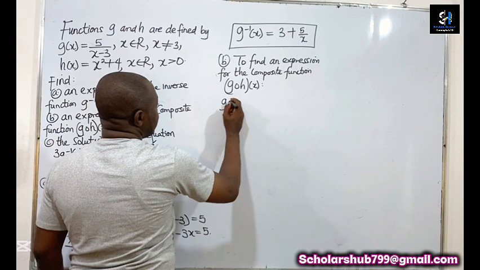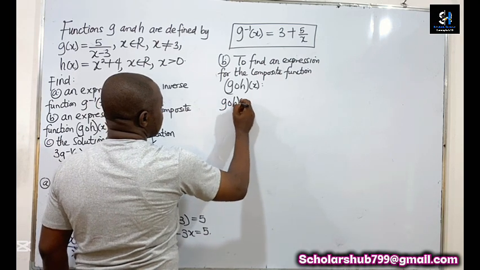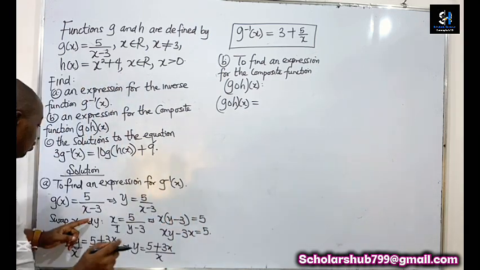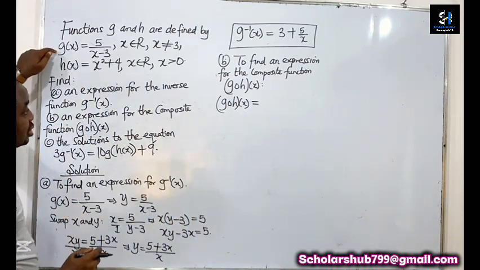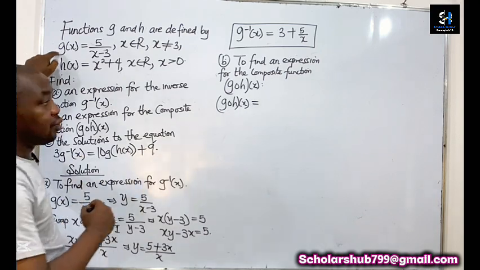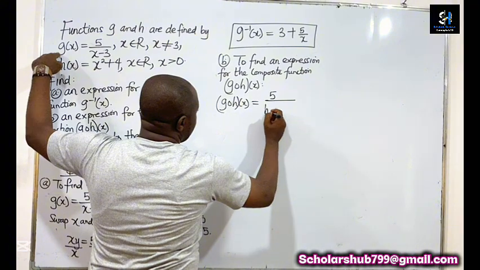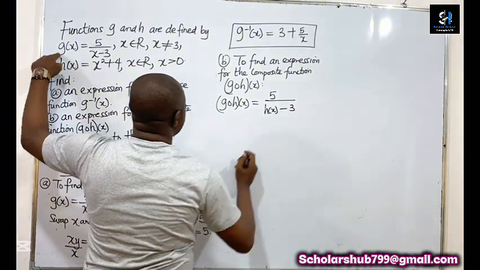That means in this case, what this means is that I'm going to put h of x into g of x. So this will be 5 over h of x minus 3.